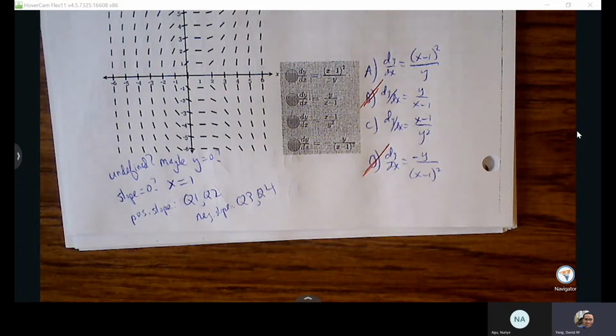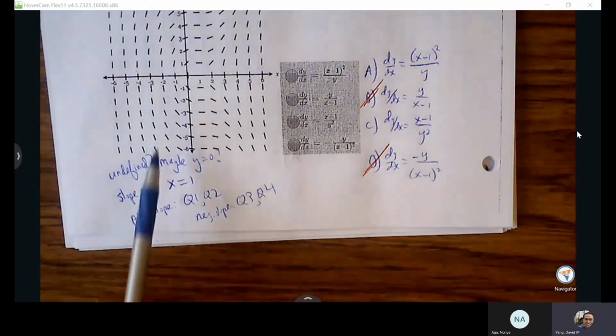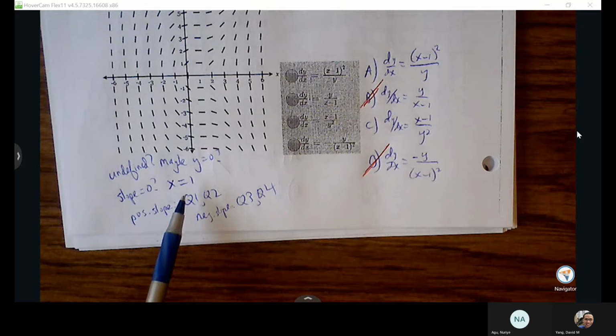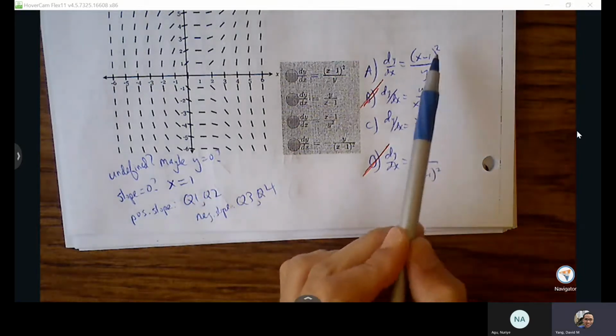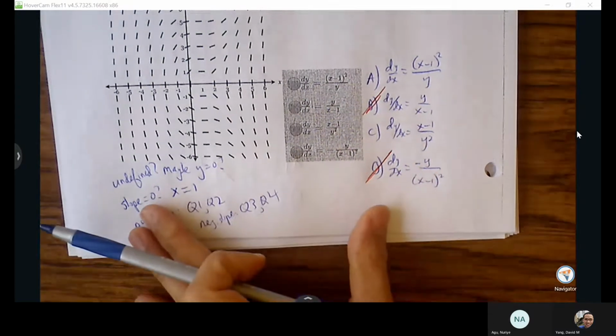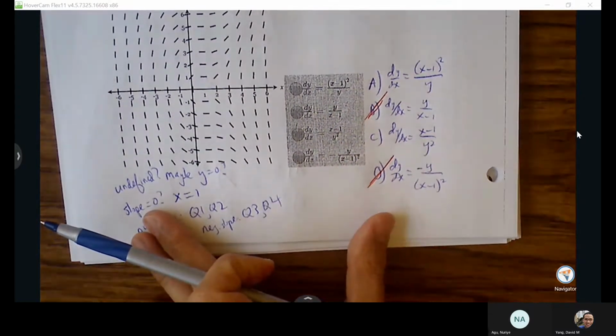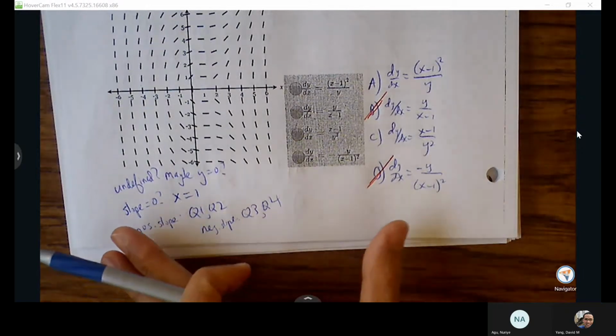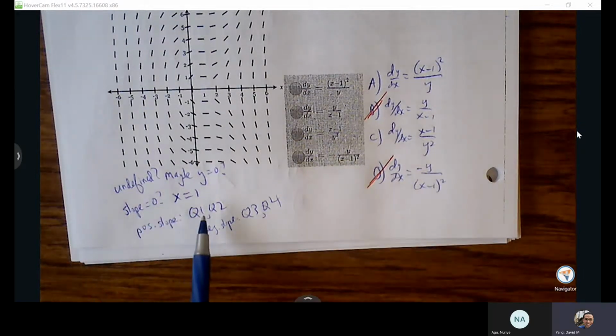Okay, so slope 0 at x equals 1. A and C are still in play. Let's test these out. In quadrant 1 and quadrant 2, I should always be getting positive slopes.